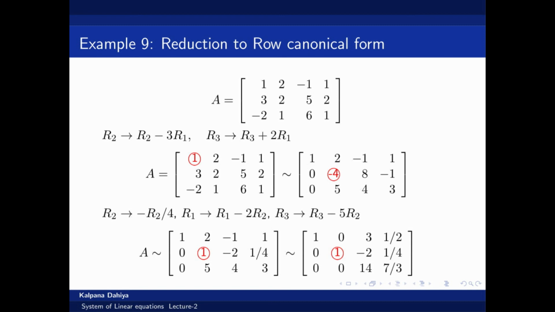Now in the second row the next pivot element is -4. To reduce it to echelon form, we make this entry 1. There are two options. First, I can divide the second row by -4. In that case, the second row reduces to 0, 1, -2, 1 by 4. There is one more option.